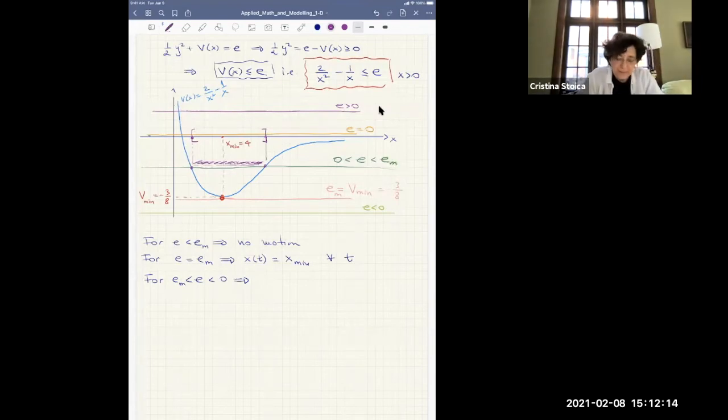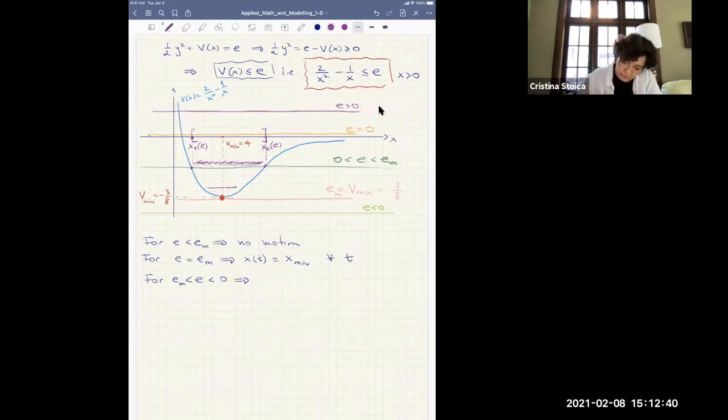I have to put some names on these. Let's call this one x1, and this would be x2. But they depend on where I put the E, because if I put the E up or down, it will shrink or expand that interval. If I go with E to a lower level, I'll have a lower interval, so it will be another x1 that depends on E and another x2.